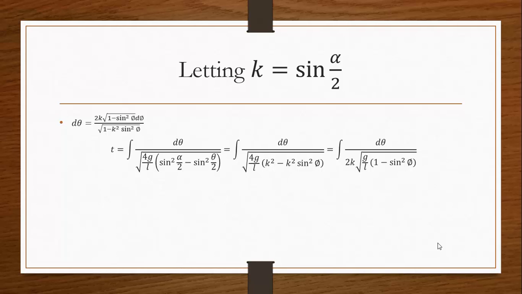Factoring out k squared and 4, we get the integral of d theta over 2k times the square root of g over L times 1 minus sine squared phi.